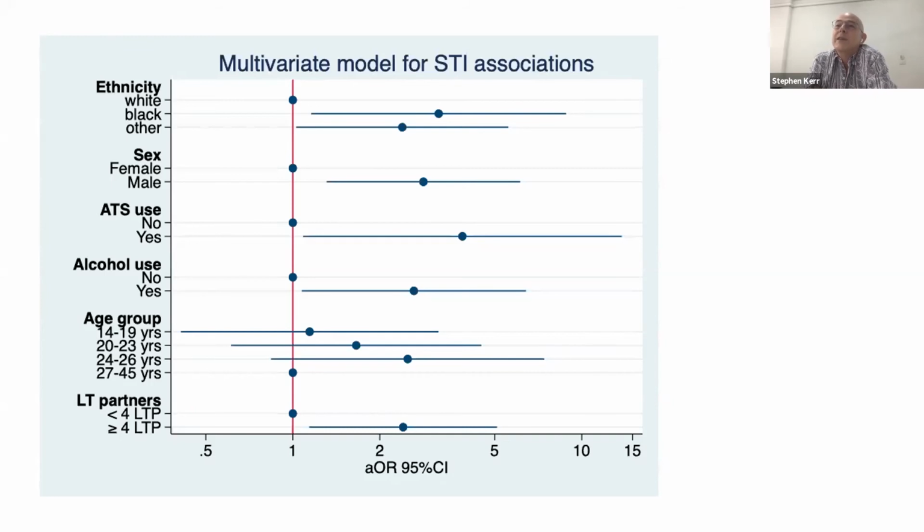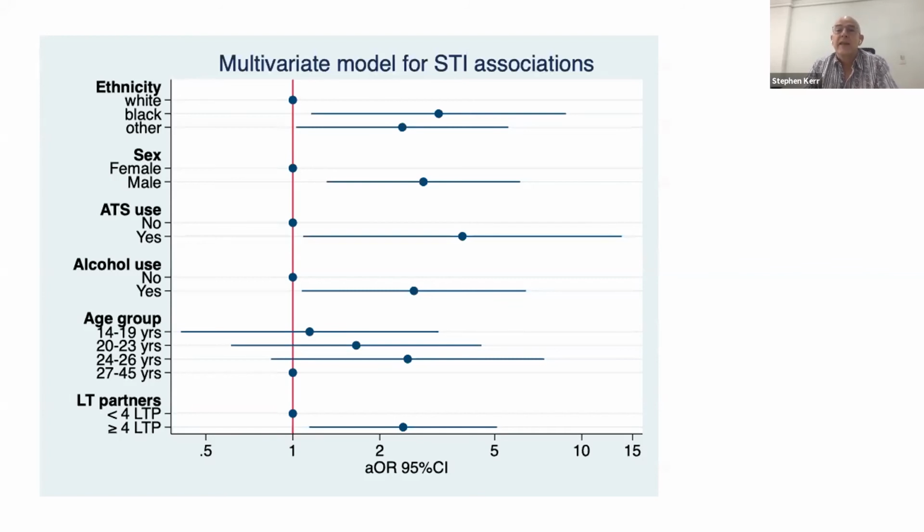Alcohol use is also associated with an increased risk. Age group, we can see the effect of age group with the increasing odds of having an STI. And even though it's not significant, there's one group in our model that looks like they have a reasonably significant risk of having an STI, which is those aged 20 to 26.